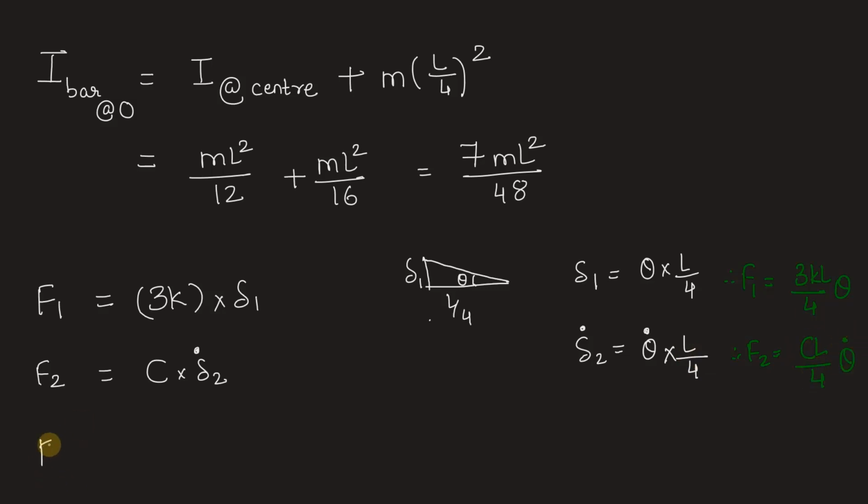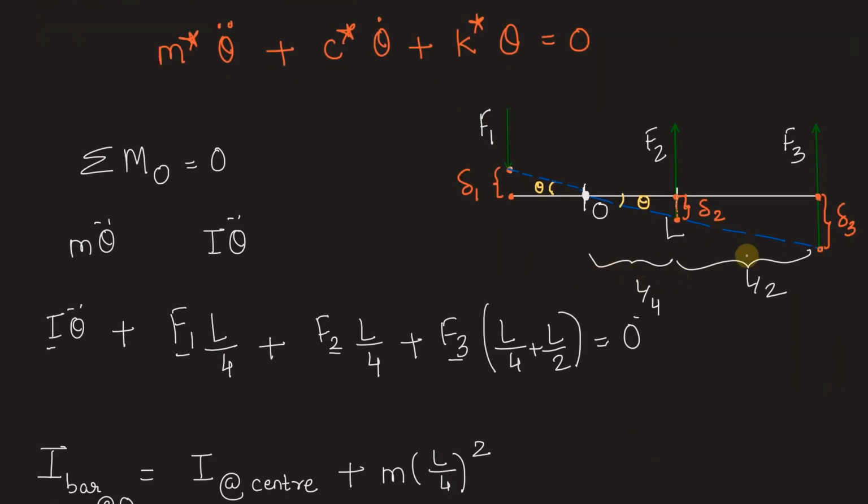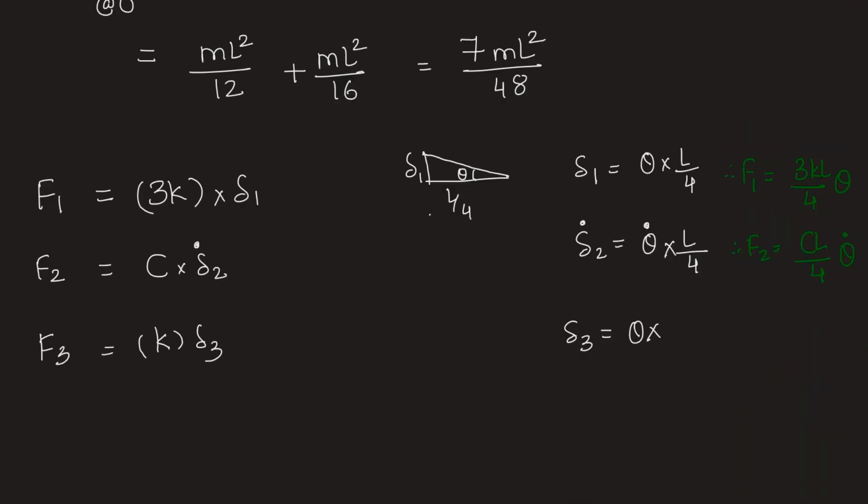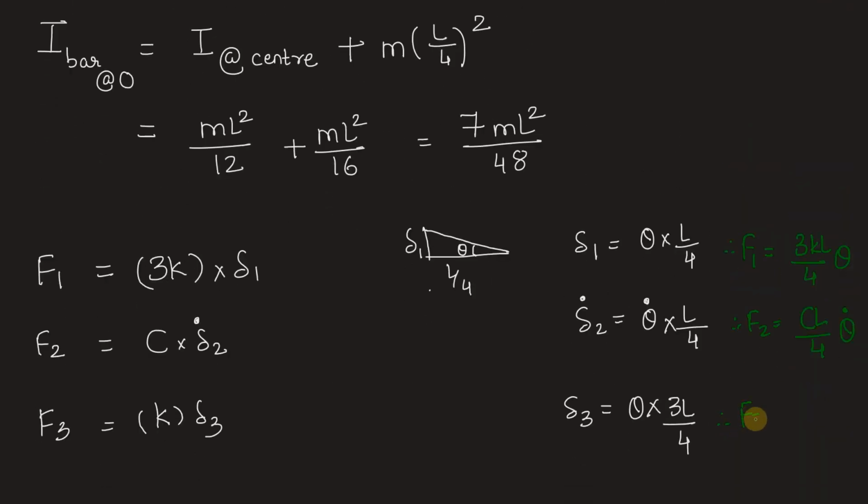In the same lines, F3 can be found as K into delta 3, and delta 3 is nothing but theta into the distance from point O. The distance from point O is the summation L by 4 plus L by 2, which is nothing but 3L by 4. Hence, F3 is equal to 3K L by 4 into theta.